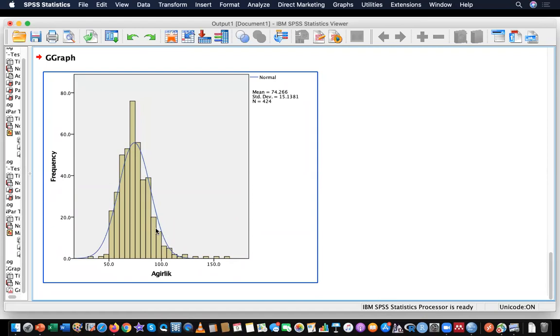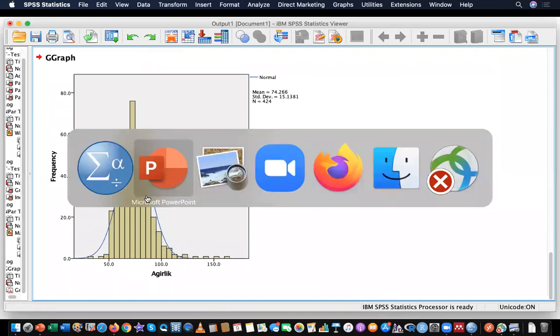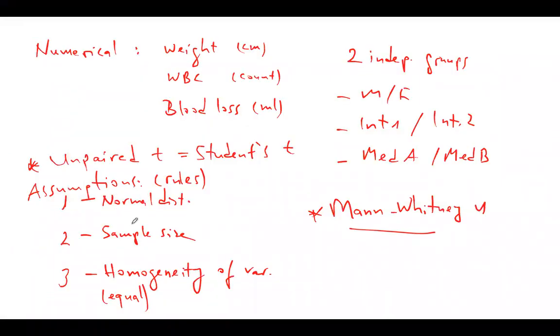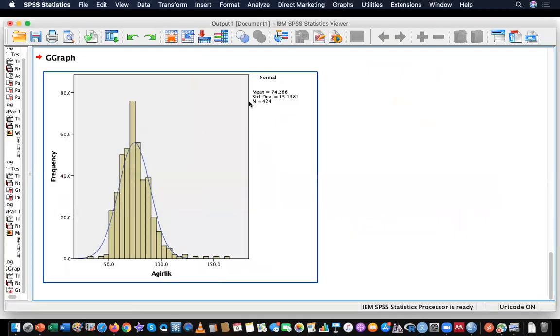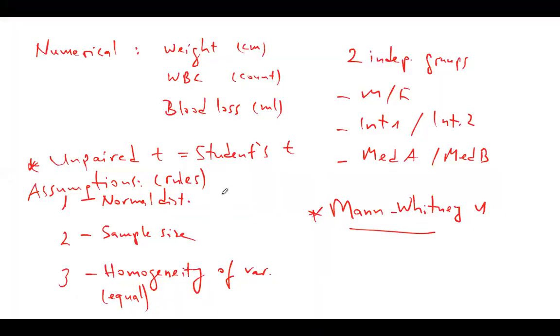Let me see whether the weight of my cases is normally distributed or not. It is reasonably symmetrical, a little bit right skewed, but that doesn't matter because I have a very high sample size. That means I met assumption number 1. Assumption number 2 is sample size. As a rule of thumb, around 30 participants is enough, and we have 400 here, so we met the second assumption. The third assumption is the homogeneity of variances, which is checked by the Levene test.